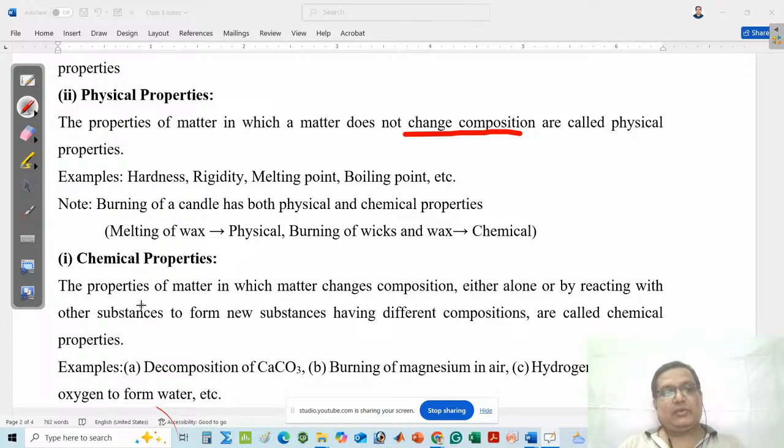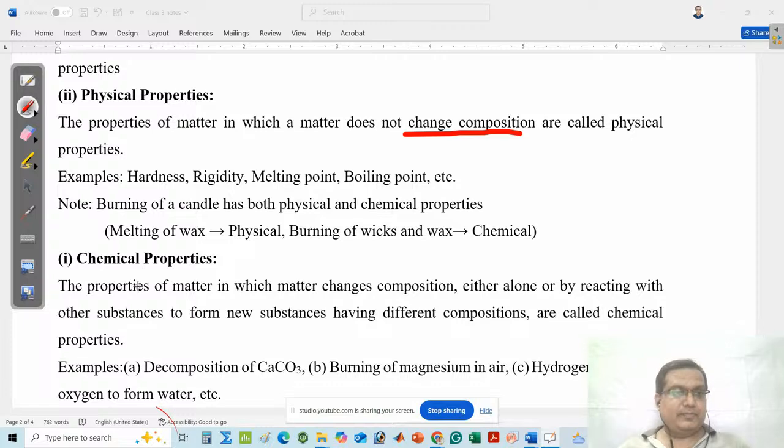On the other hand, the property of matter in which the matter changes composition, the change may be by itself or by reacting with another substance to form a new substance. If a matter undergoes chemical change, it forms a new substance having a different composition from the original substance. One is your reactant, another is your product.